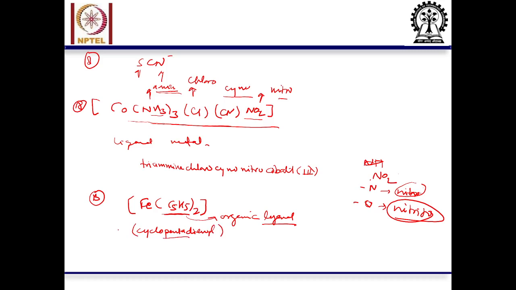We have to write it as this: dicyclopentadienyl iron 2. Got it? Is it fine?